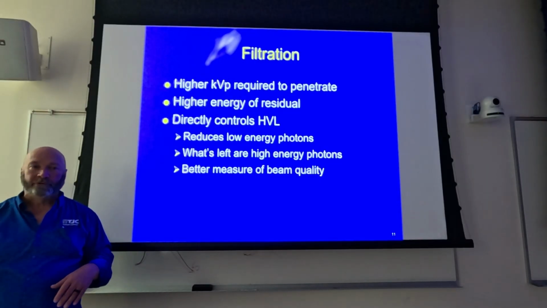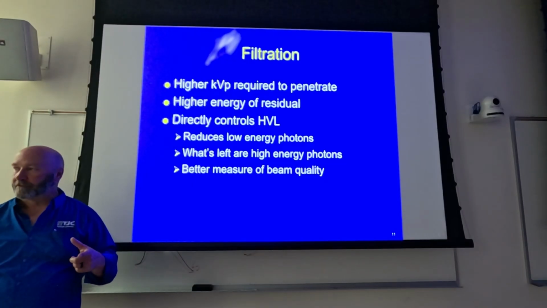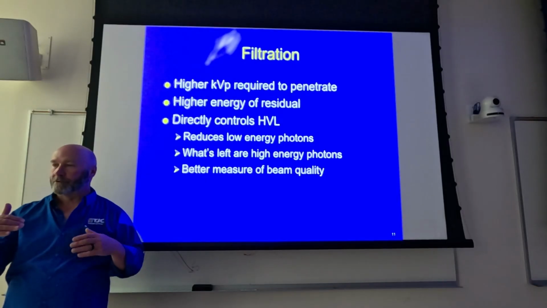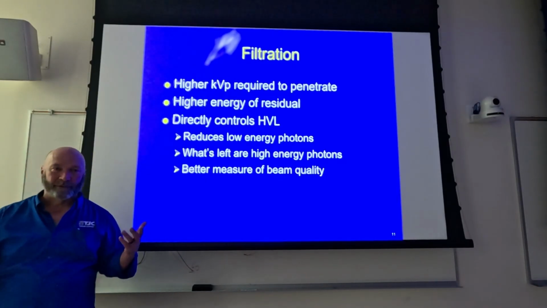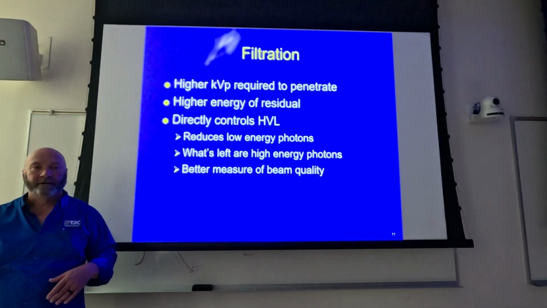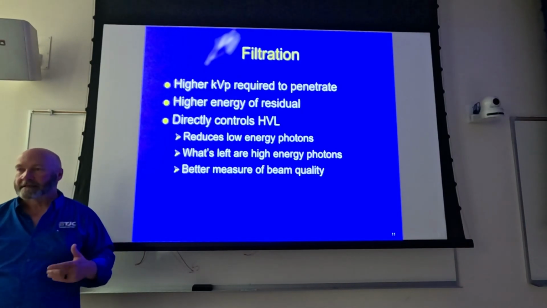With a brand new X-ray tube, an additional millimeter of aluminum might cut our output in half. Just spitballing numbers, let's say 1 millimeter of aluminum is a half value layer in this case.